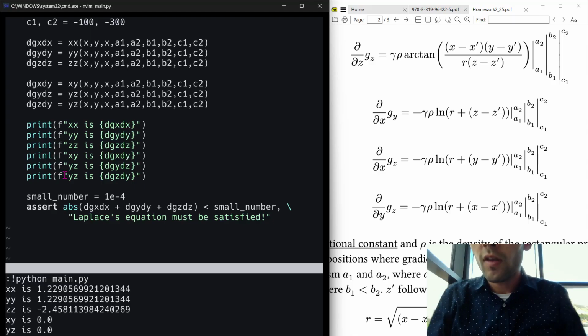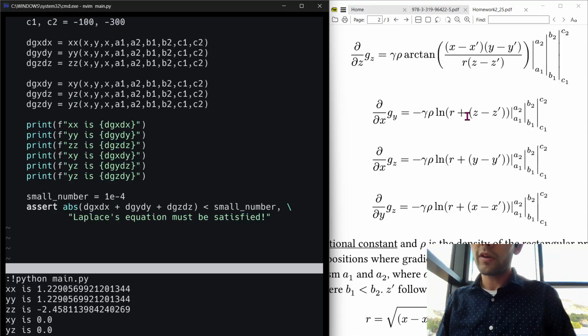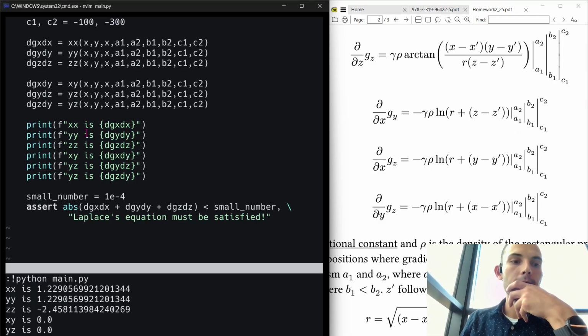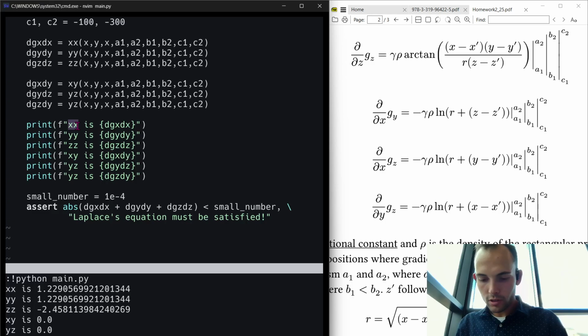I think that makes sense because when we expand these three things, these are all logarithms. But we're over a cube, and we're right in the middle of it.